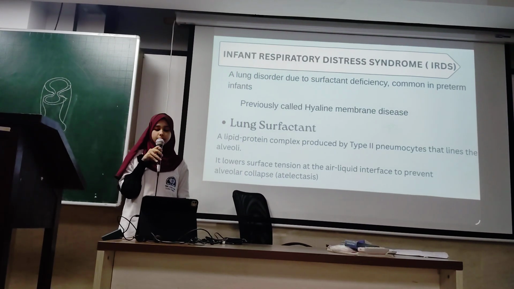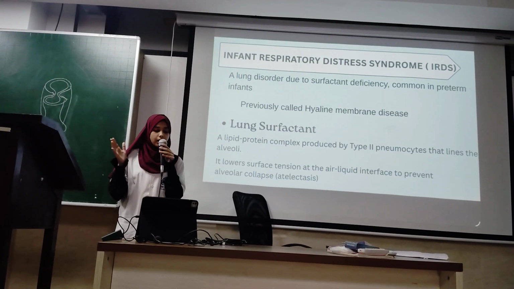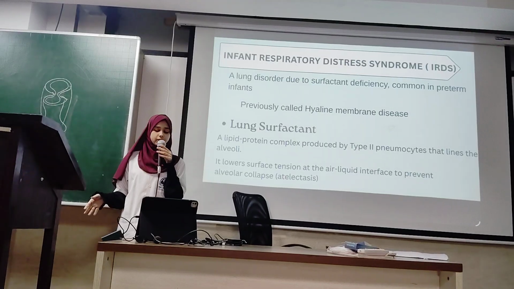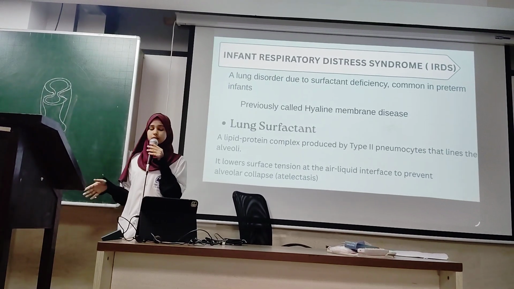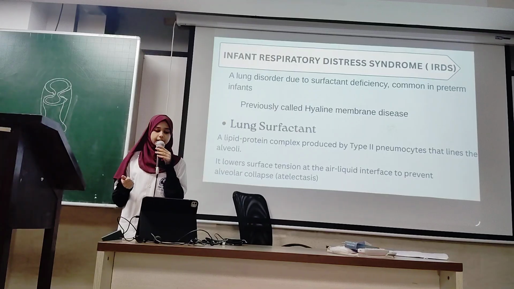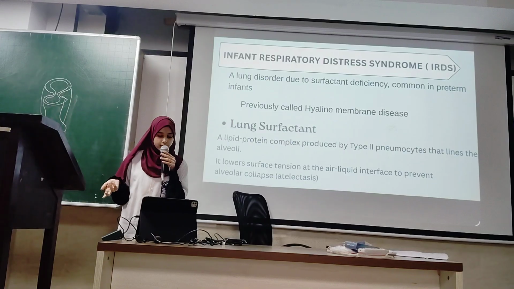Next case is infant respiratory distress syndrome. As we know, after the 27th week of intrauterine development, the type 2 pneumocytes, which are simple cuboidal epithelial cells, form lung surfactant.